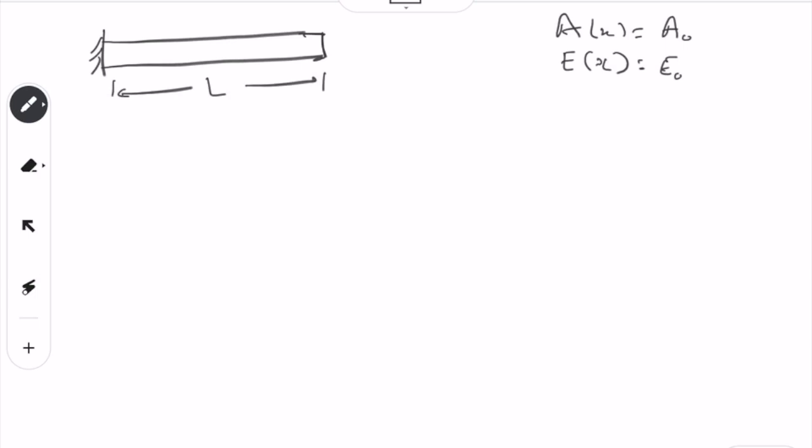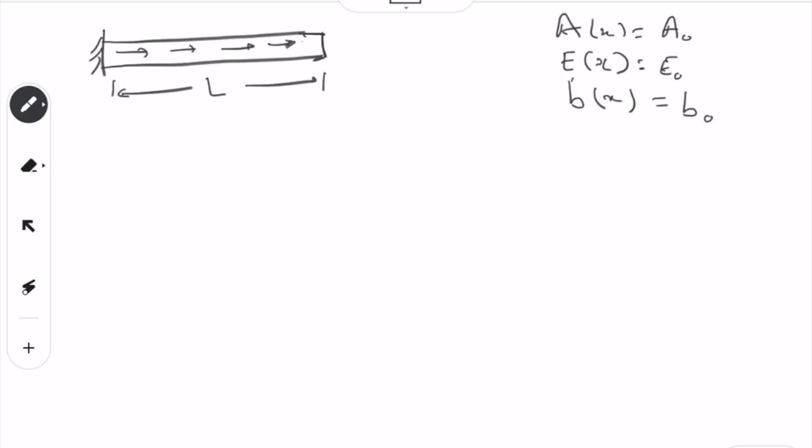Then we have B(x). We may not need that, but let us have it, so that we can at least find the general solution for that. So let us say B(x) is B naught, a constant force per unit length which is being applied.